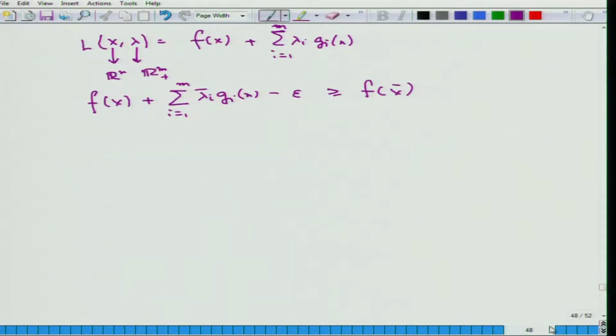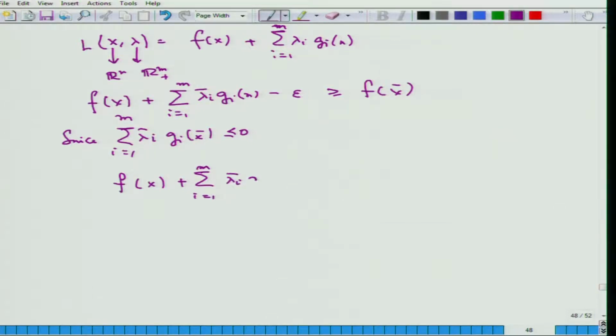So, what will this show? Since summation lambda I bar g I x bar is less than equal to 0, I can always add this. If I add a negative quantity, the value would drop from f x bar. So, f x plus summation I is equal to 1 to m lambda I bar g I x minus epsilon is greater than equal to f x bar plus summation lambda I bar g I x bar.